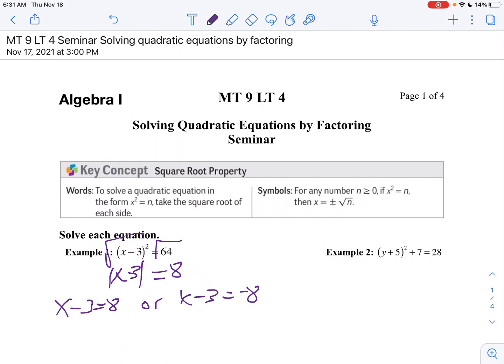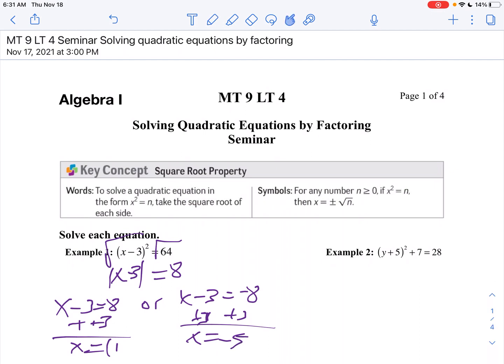Then we're going to add 3 to both sides. So x equals 11. Or if you add 3 over here, x equals negative 5. Now let's check that to make sure it's right.